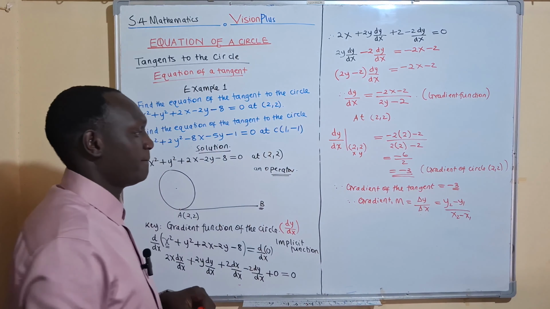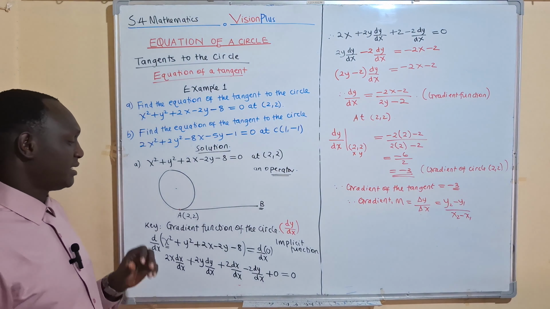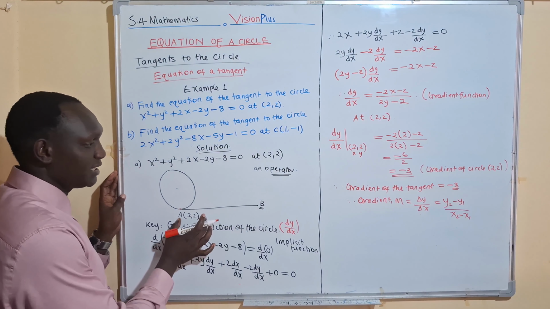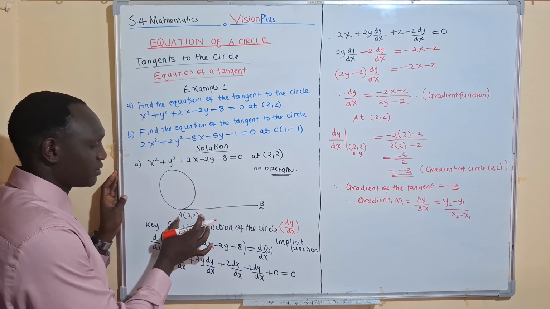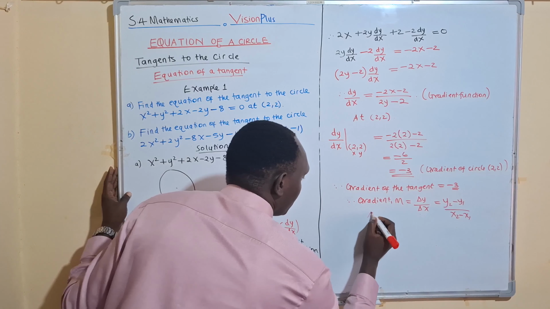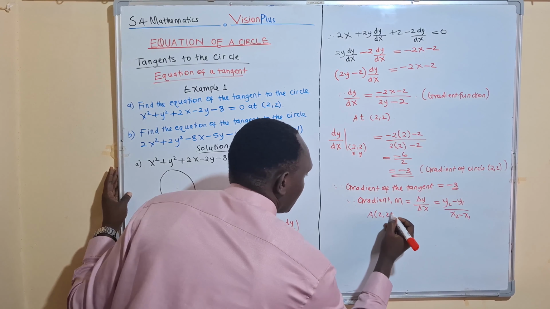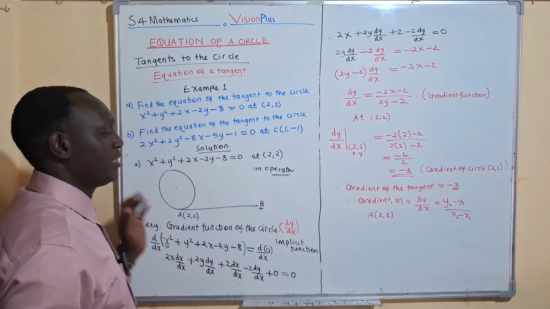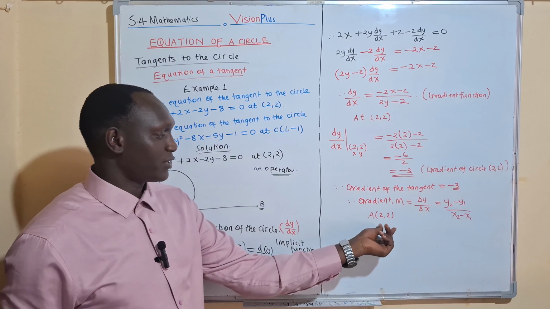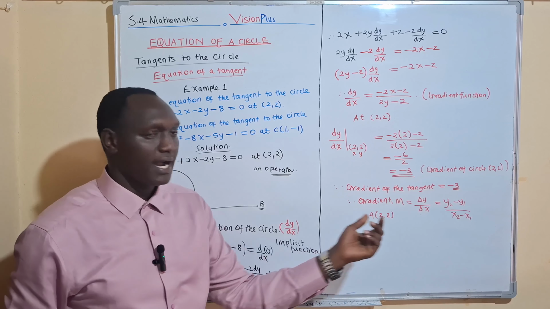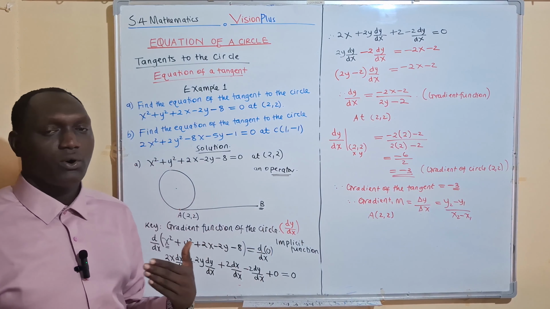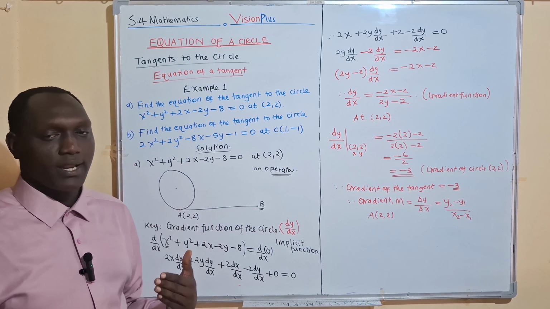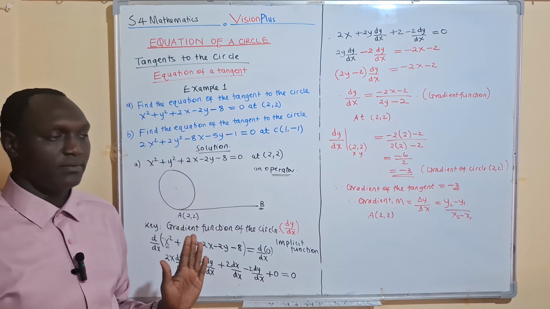Then you come and use these coordinates. That is of point A that we have called, and they are given as (2, 2). The choice is yours. You can consider the given point (2, 2) as (x2, y2) or (x1, y1). There's no problem. You get the same answers.